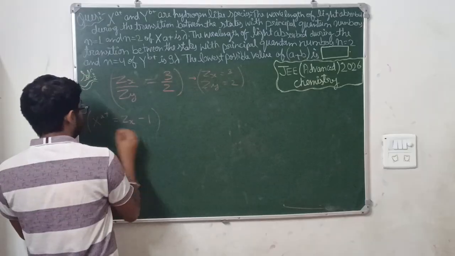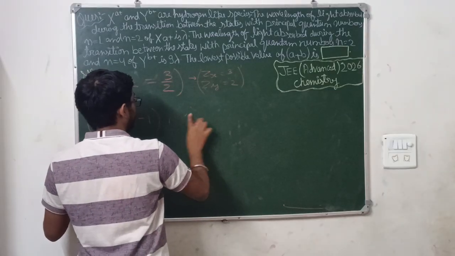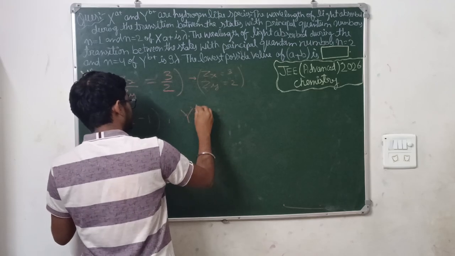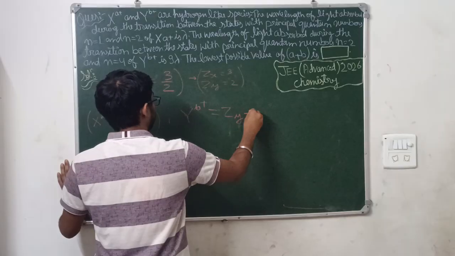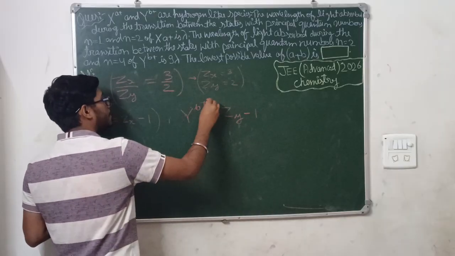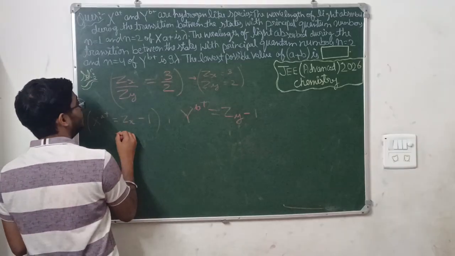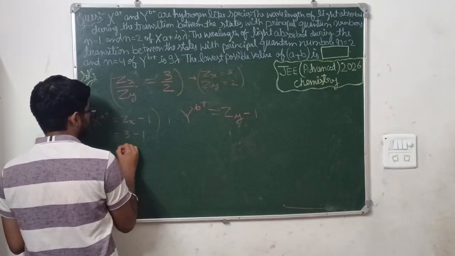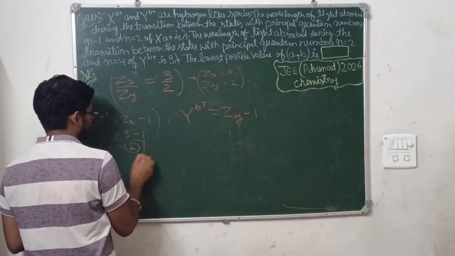Similarly for Y^b+, this would simply be Zy, the atomic number of Y, minus 1, because the plus charge is there on the Y atom. Just substituting the values, 3 minus 1 is 2, so we got the value of a, which is 2.